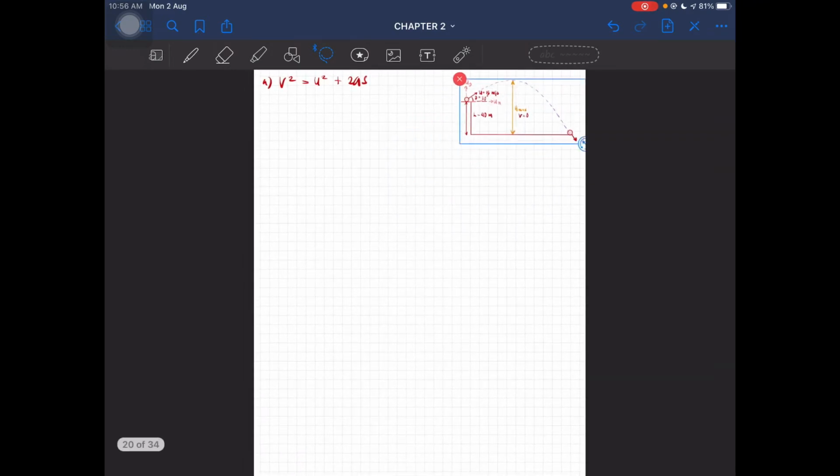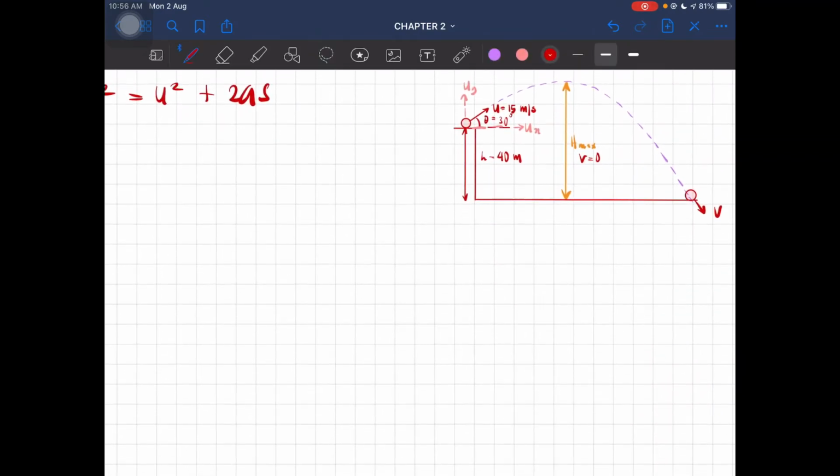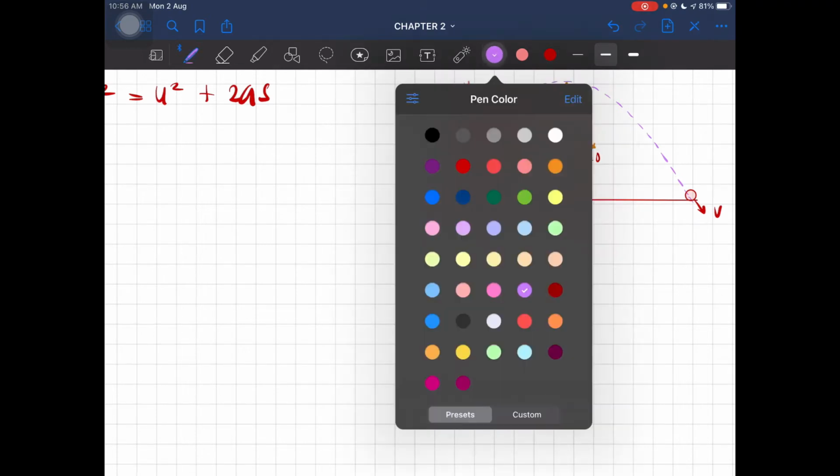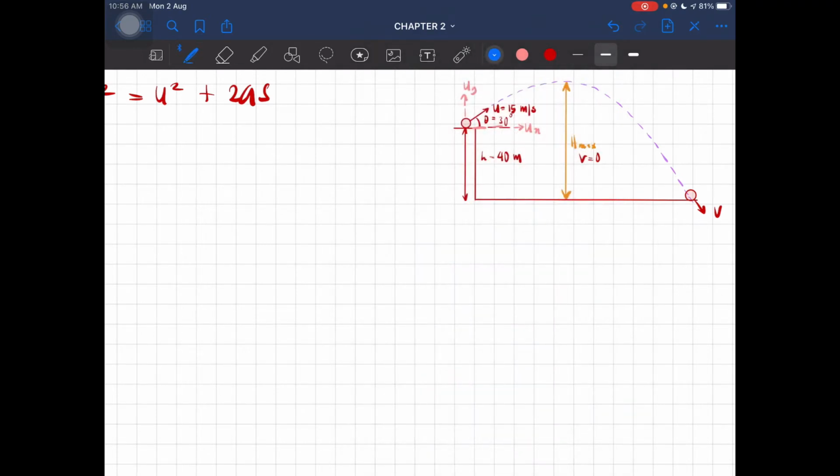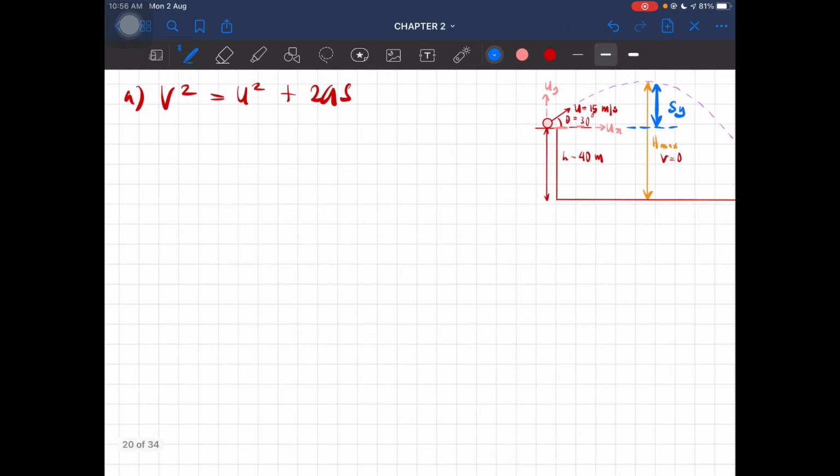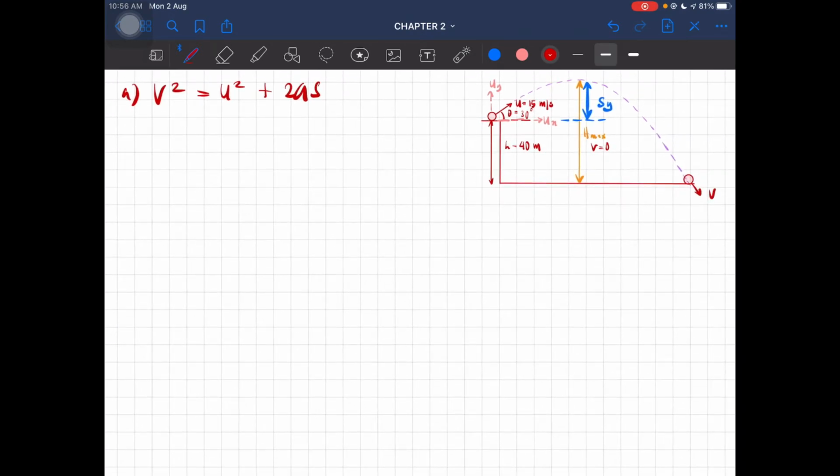Okay, so let's assume this is a diagram. We are looking for the maximum height, right? But we can find up till this point. So let's label this as sy. Now we can find the maximum height from the top of the building.